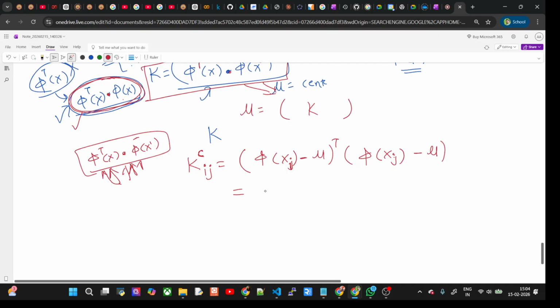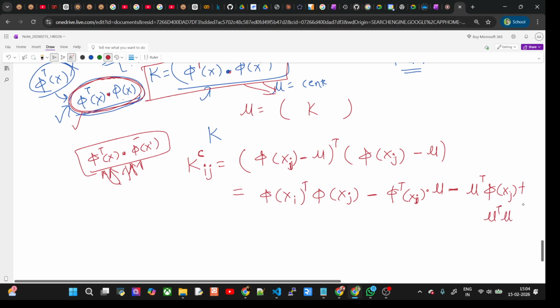If I do this calculation, this gives me the equation: phi of xi transpose phi of xj, minus phi of xi transpose into mu, minus mu transpose phi of xj, plus mu transpose mu.